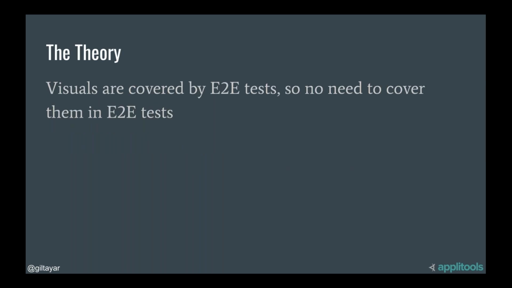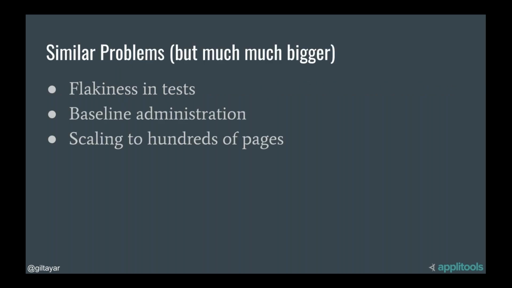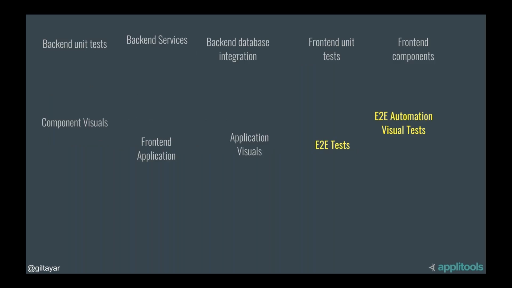And the theory is visuals are covered by integration tests, so no need to cover them in end-to-end tests. But the reality is most front-end testing is not done by front-end developers, it's done by the QA automation team. But it's similar problems, flakiness in tests, at least visual, baseline administration, scaling to hundreds of pages, and the solution is similar.